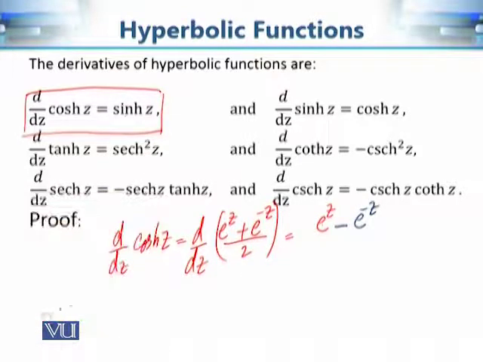Chain rule means we take the derivative of e raised to power minus z and then the derivative of minus z, which is minus 1. So divided by 2. 1 by 2 is a constant, so there will be no change. And by definition, this is exactly sine hyperbolic z.